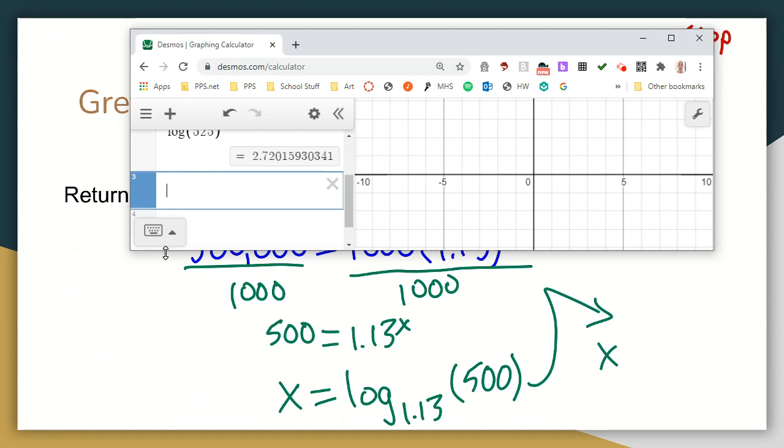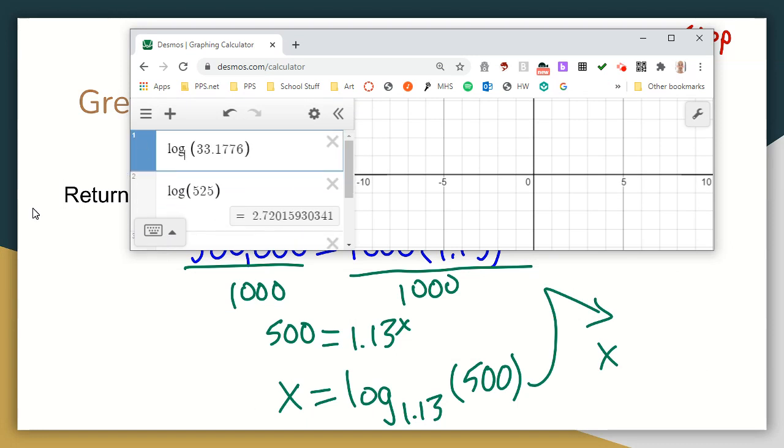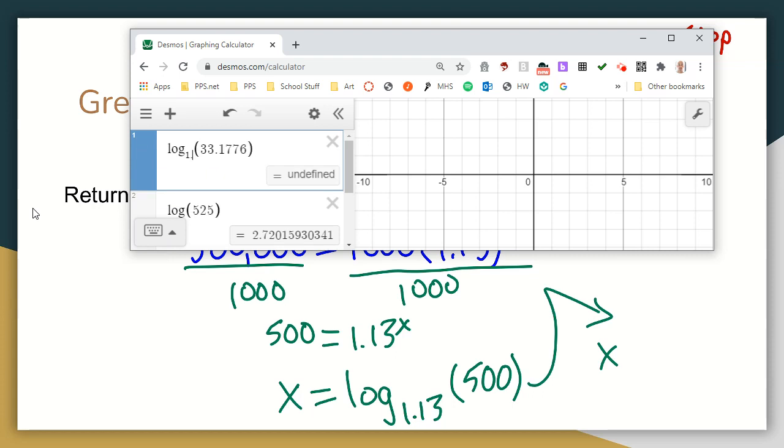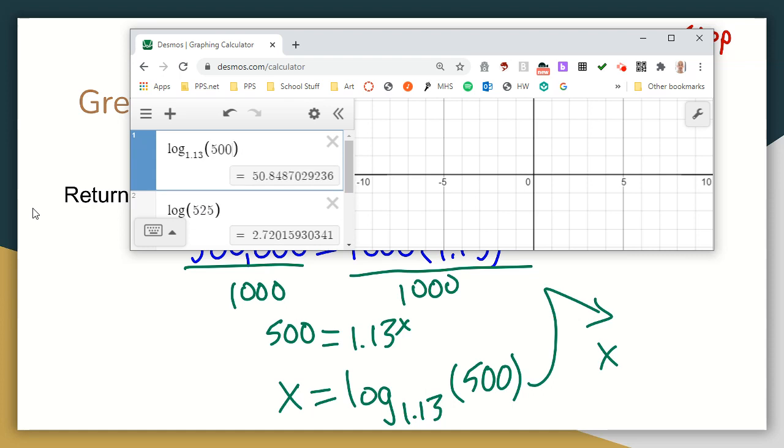Log base 1.13 of 500, that's 50.849. So again, we see that you could estimate this, and we can find it on a graph, but now we can answer the question using logarithms, which is awesome.